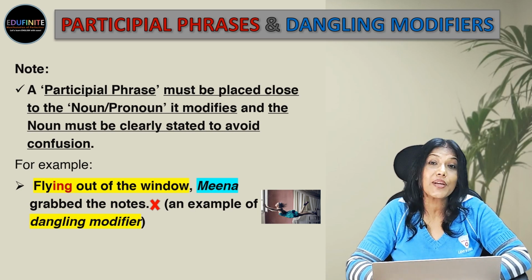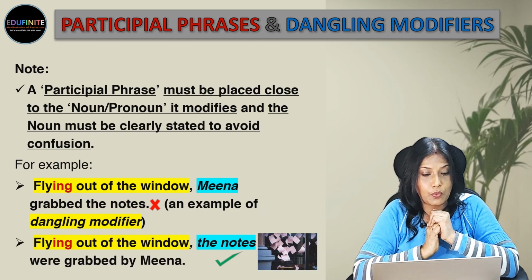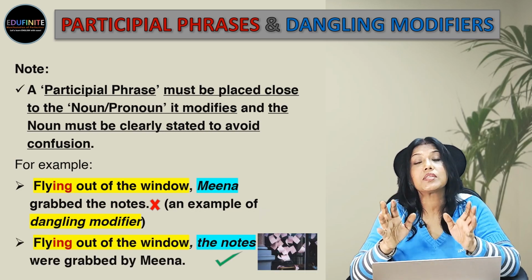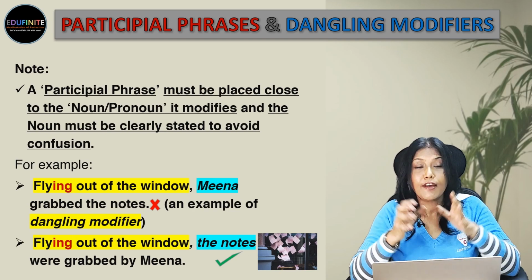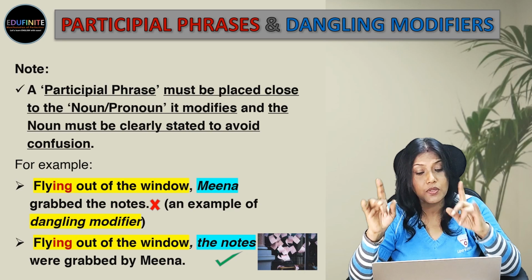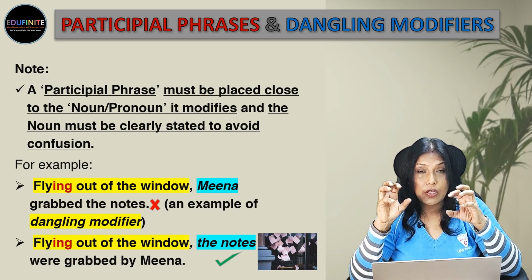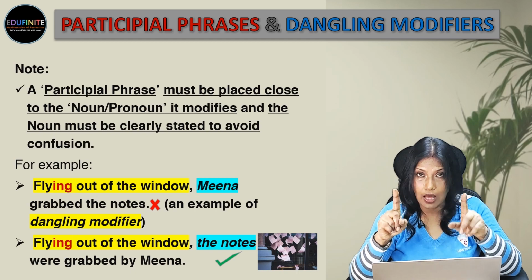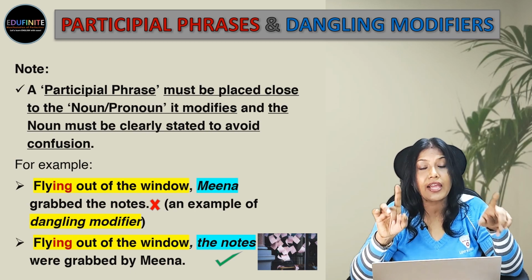Okay, now how do we correct the sentence? Here it is. Flying out of the window, the notes were grabbed by Meena. See? Flying out of the window, the notes. So, here we understand the notes, that is the noun modified by the participle phrase flying out of the window.